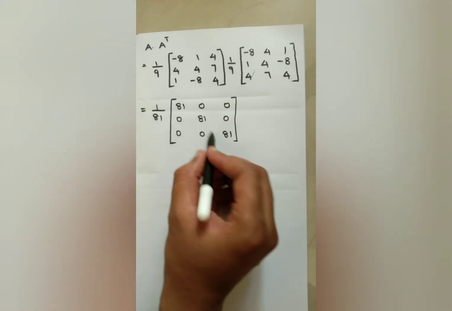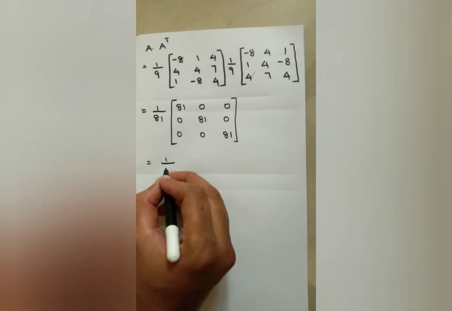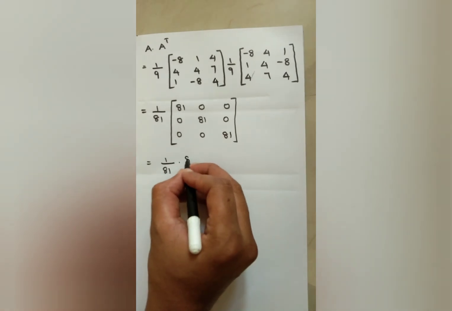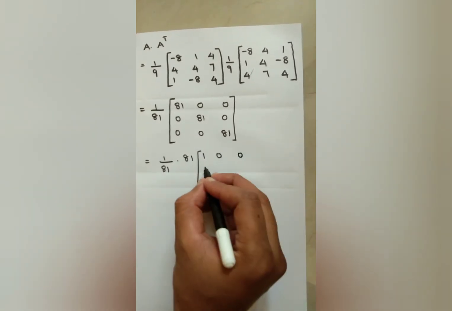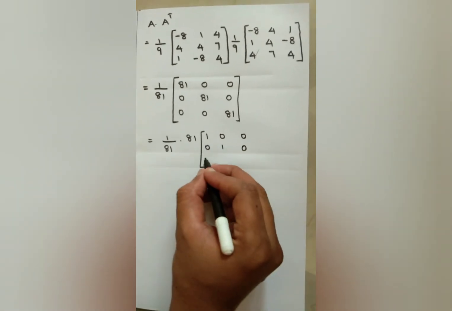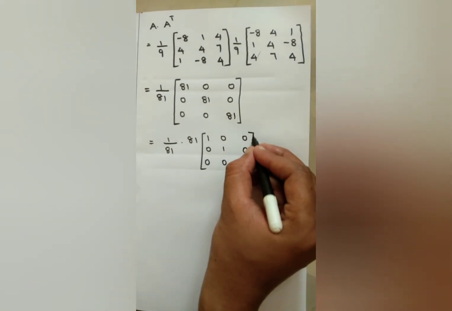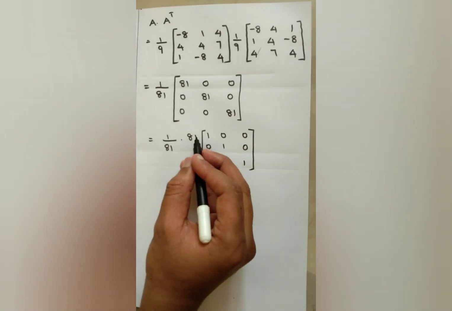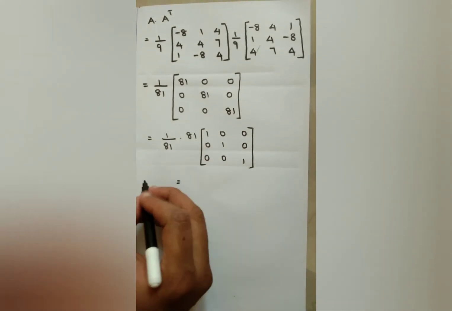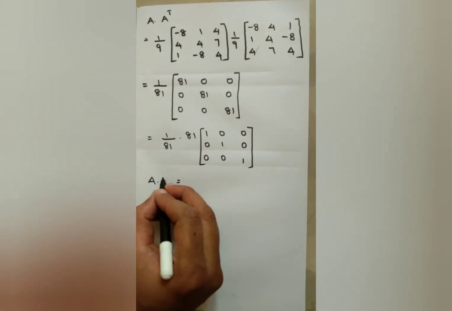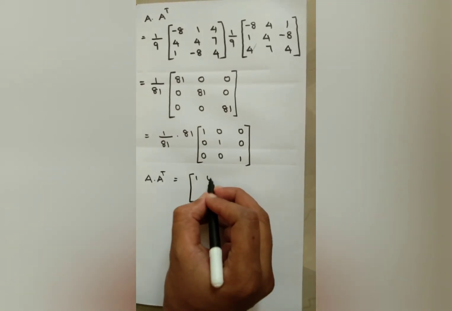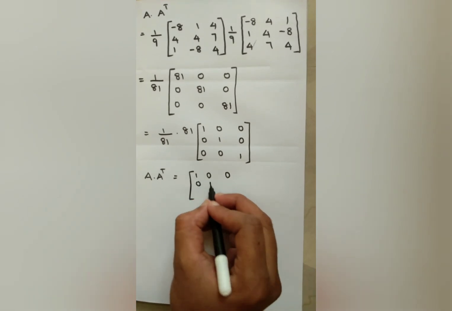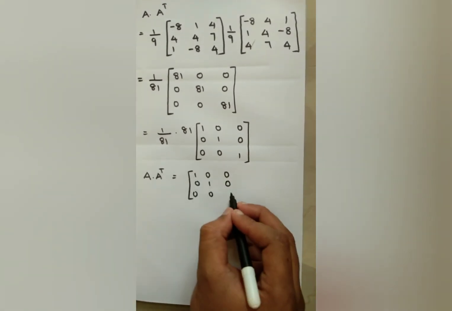Just take 81 common outside, so it becomes 1 0 0 0 1 0 0 0 1. So 81 and 81 get cancelled. So my A into A transpose results 1 0 0 0 1 0 0 0 1.